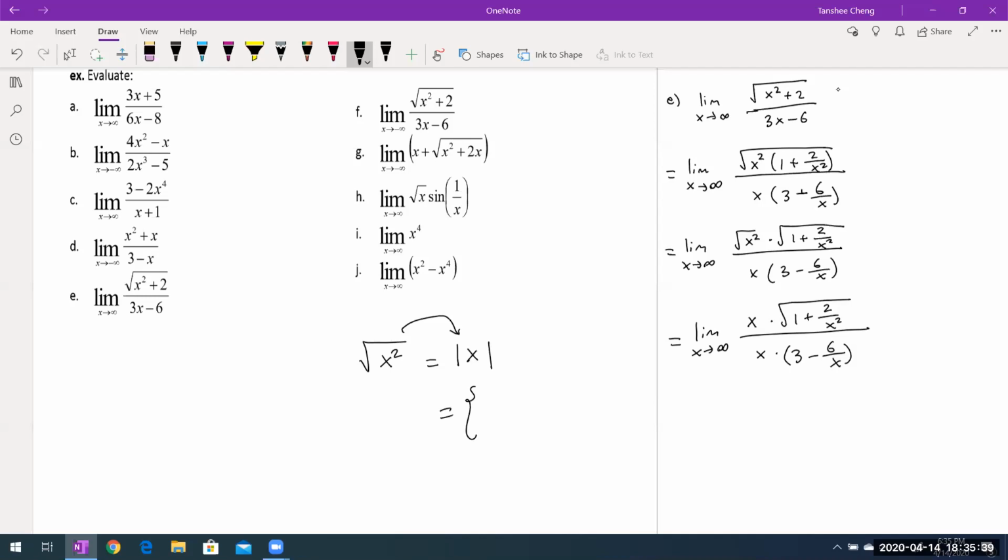So I have to think about this absolute value as x if x is greater than 0, and negative x if x is less than 0. Because the limit we are approaching is x going to infinity, I choose x to replace it right here. Are there any questions before I move any further?